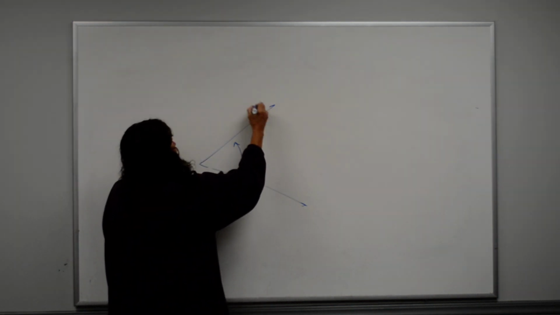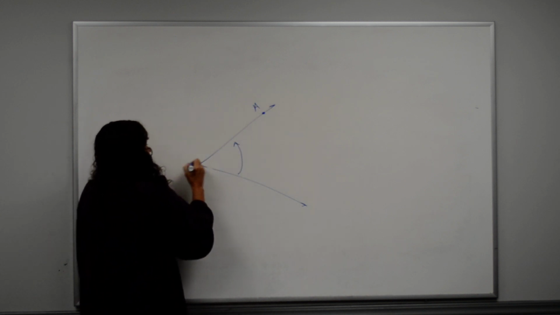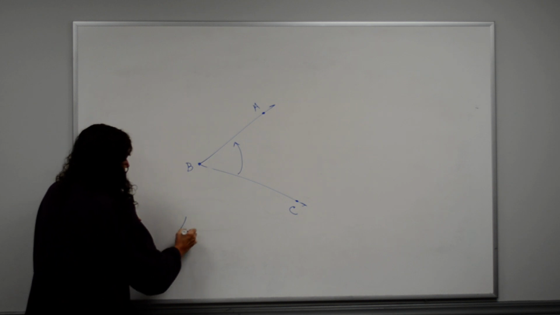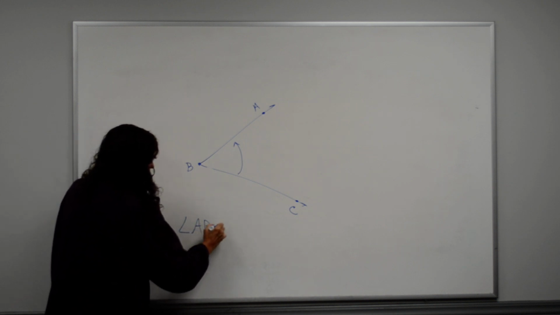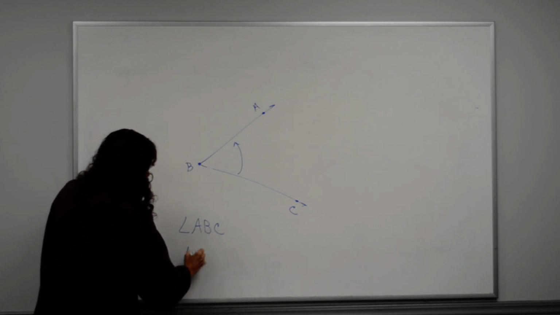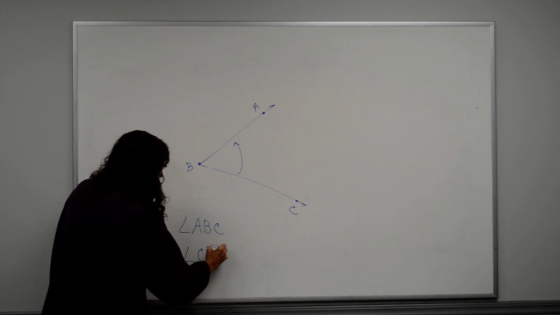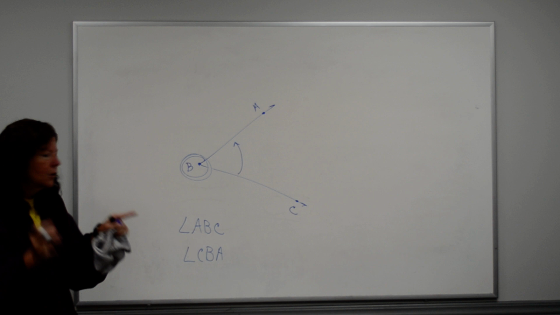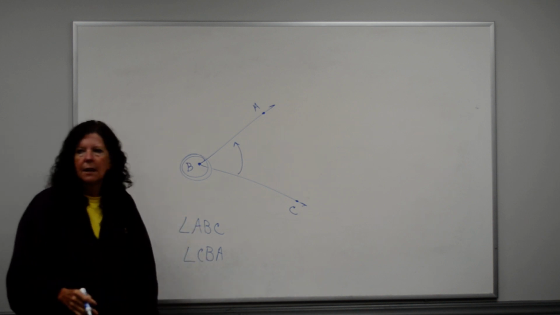If I name this A, B, C, then I call this angle ABC, or angle CBA. Your vertex, which is right there where it turns, has to be in the center.